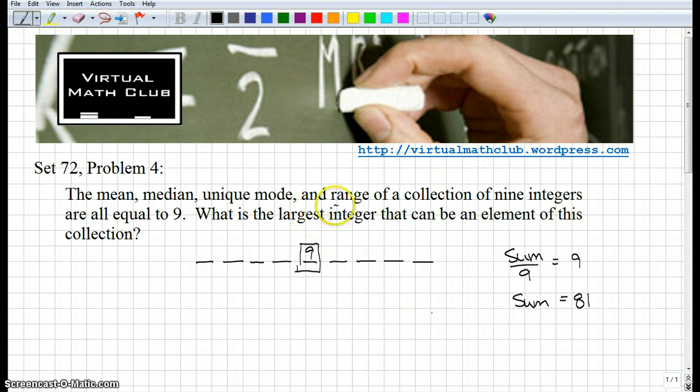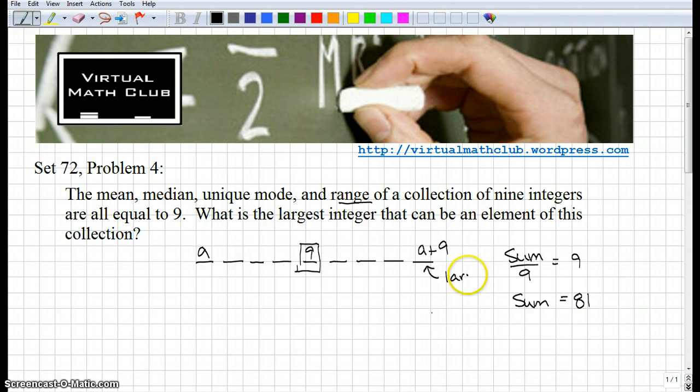We also know that the range has to be 9. So if I take the first element to be A, then this biggest element has to be A plus 9. Okay, and we want this to be as large as possible, because that's what they ask us, to find essentially the largest integer that can be an element of this set.